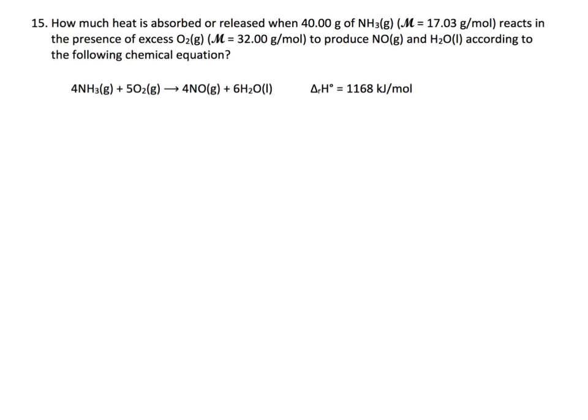We could almost rewrite this equation if we wanted to look like this: 4 NH3 plus 5O2 plus 1168 kilojoules goes to 4 NO plus 6 water.